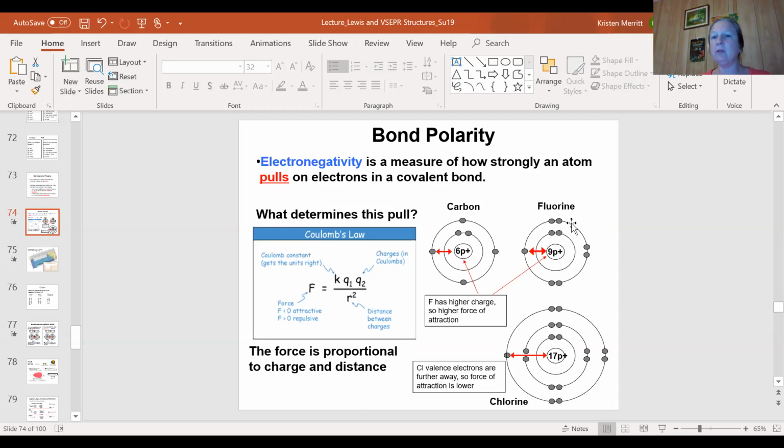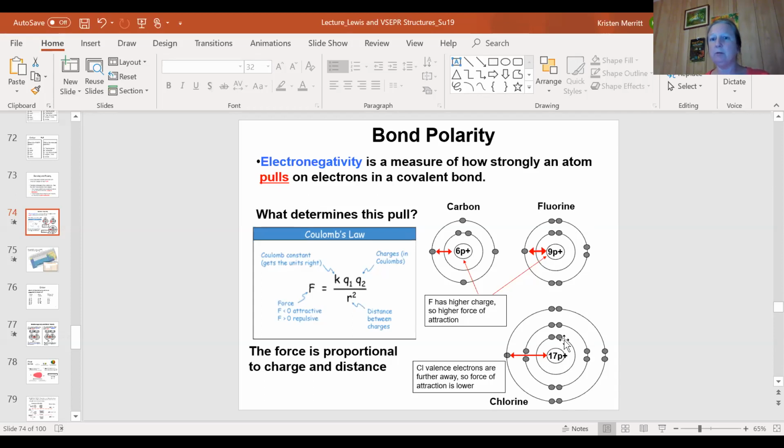So it's the most electronegative because of a combination of its small size, its small radius, and its high positive charge. Whereas chlorine, yes, it's got an even higher positive charge, but it's also got a larger radius. So by the time that positive proton charge gets felt out here, first of all, it's being felt by all of these electrons in between.